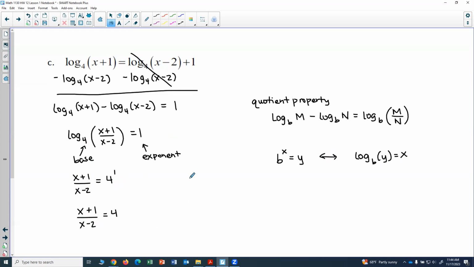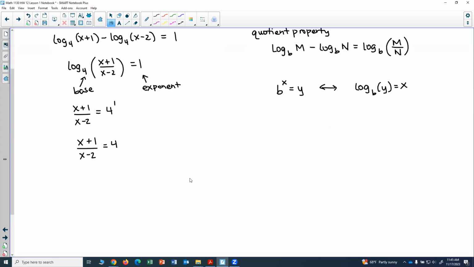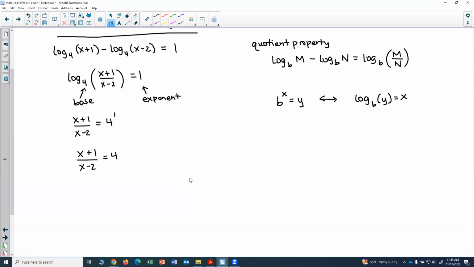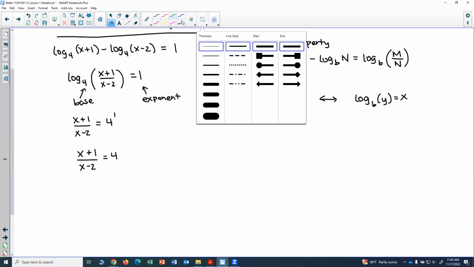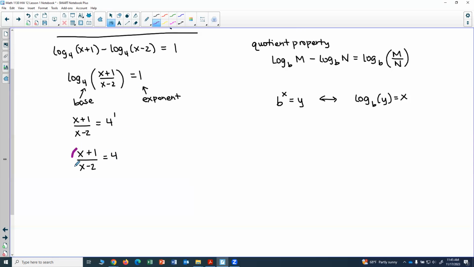And now I just have to solve. Now it's a regular equation, and I can solve it by multiplying both sides by x minus 2 in order to clear the fraction. So I'm going to multiply this side by x minus 2, and I'll multiply the right side by x minus 2. So I end up with x plus 1 equals 4.